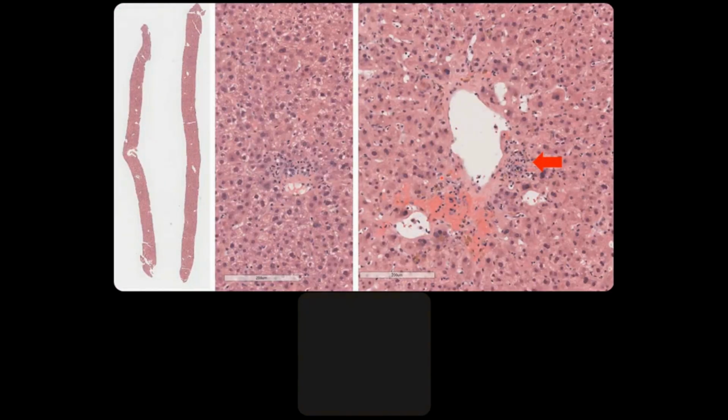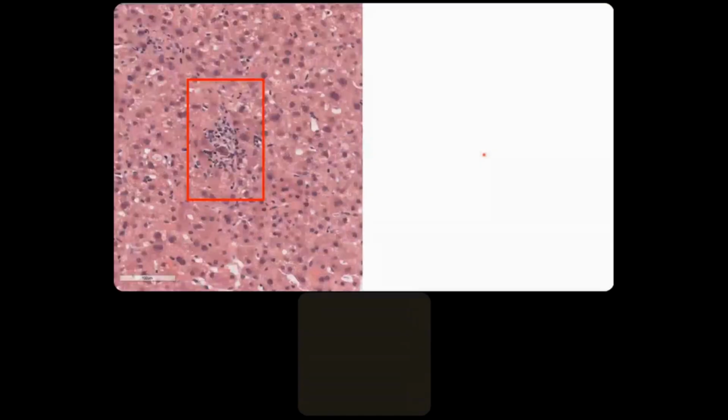Here is another example of a patient with hepatitis. So on low and medium magnification, you can appreciate that there is portal inflammation and lobular inflammation consistent with a hepatitis.